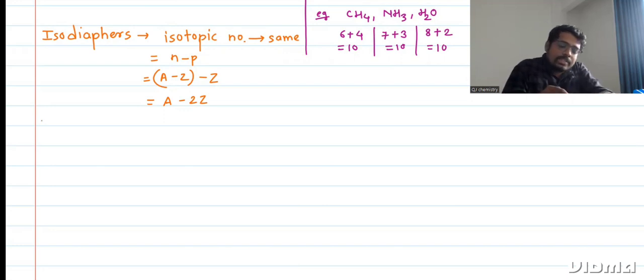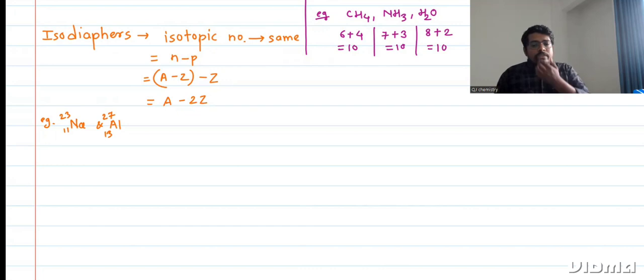Okay, so let us take an example: sodium and aluminium. Sodium atomic number is 11, atomic mass number is 23. Aluminium atomic number is 13, atomic mass number is 27. Let us find the value of isotopic number for sodium and aluminium and check whether the value is the same or different.